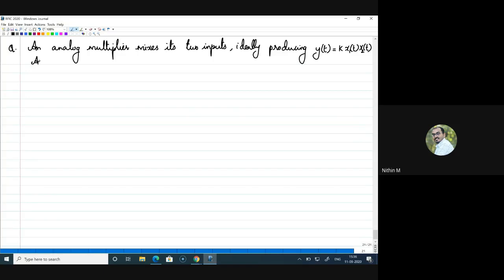Now assume that x1 of t is a signal a1 cos omega 1t, and x2 of t is another signal a2 cos omega 2t.